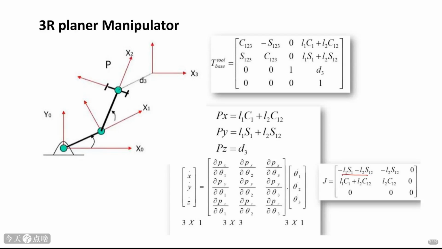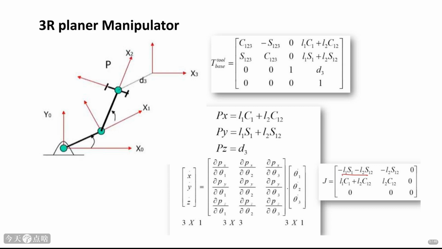Okay, let's crank up the complexity. A 3R planar manipulator. 3 joints, 3 links. We need to find the position of the end effector P. This involves using transformation matrices. Each joint introduces a rotation and potentially a translation. We build the overall transformation from the base frame to the tool frame by multiplying these individual transformations. The final matrix T tool base gives us the position and orientation of the end effector.